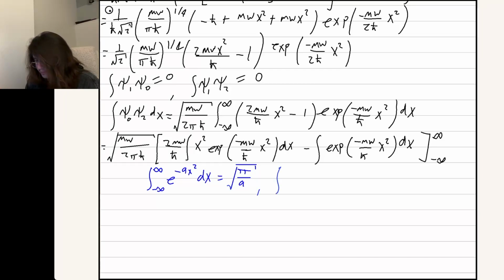And then similarly, if you do the integral over all space of x squared times this junk, then you get 1/2 times the square root of pi over a cubed, right? So I'm going to use that here.